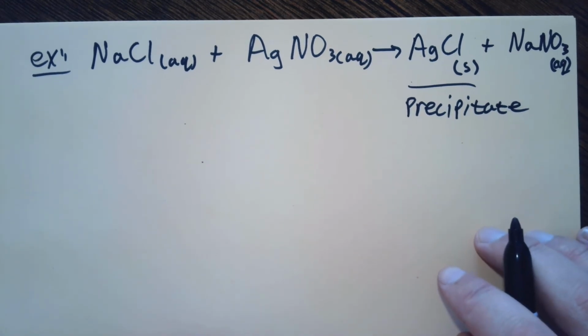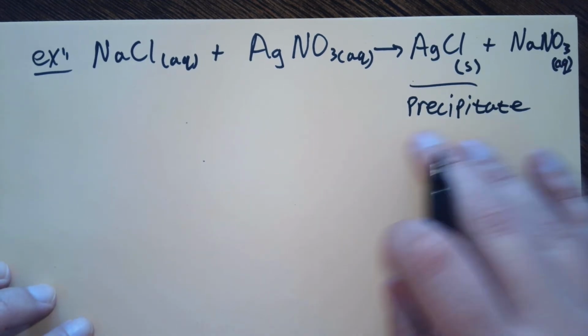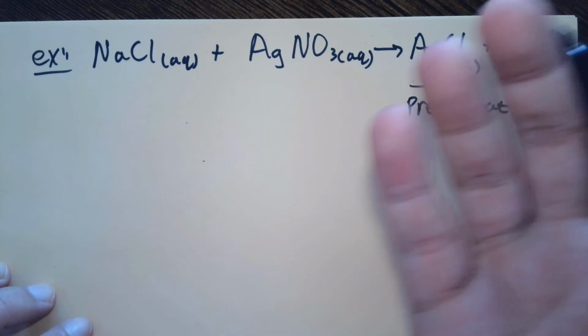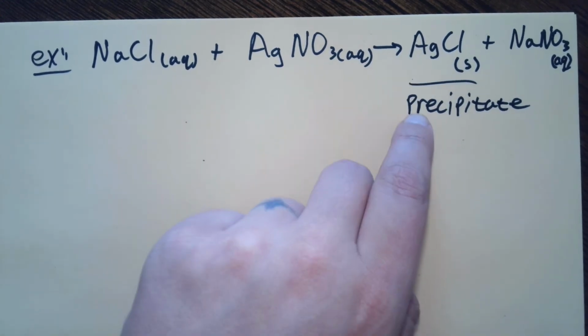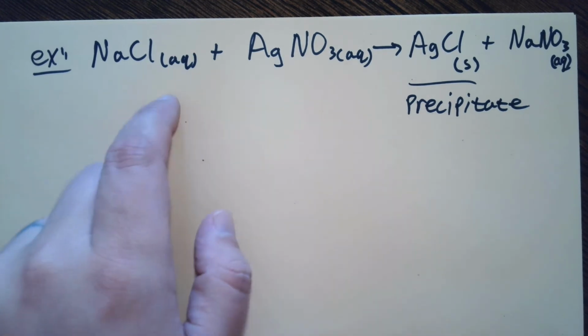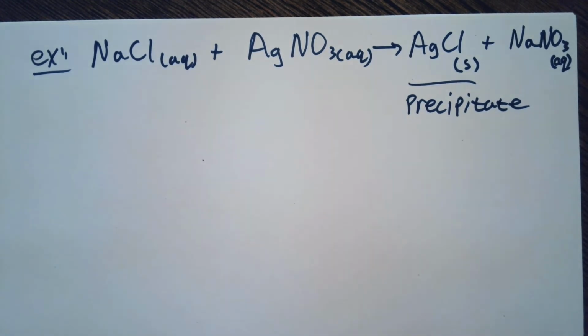But sometimes, like lead ones, could be fun colors. But you see some sort of solid form, and it settles to the bottom because it's a higher density than the water. That solid that forms is called a precipitate. And so if that happens, you get a precipitation reaction. It's as simple as that.